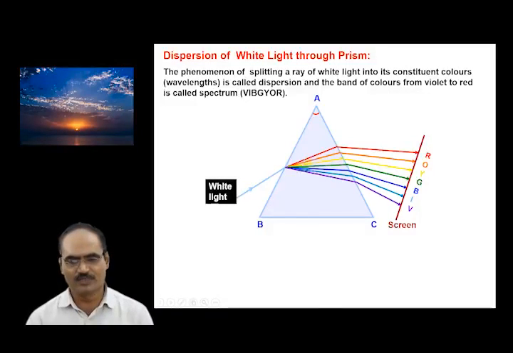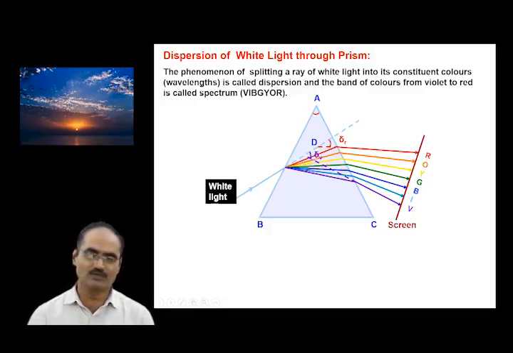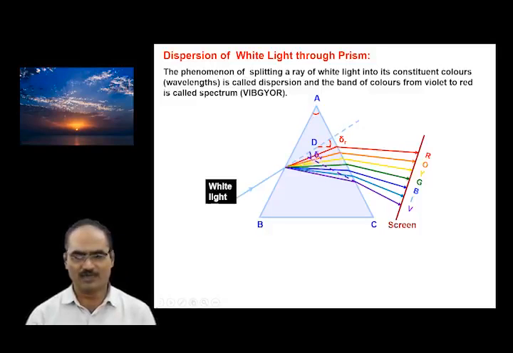If you draw this back, you see that the angle of deviation will be different. Delta R is the angle of deviation for red color. In the same way, delta V is the angle of deviation for violet color. Obviously, the angle of deviation for violet color will be more compared to the angle of deviation for red color.